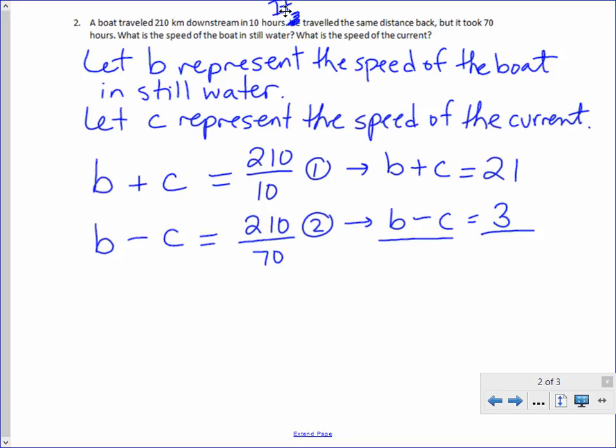I'm going to add, because you'll avoid negatives if you add. Do you want to add or subtract? Add. All right, I already wrote a plus sign. B plus B, and C plus negative C.